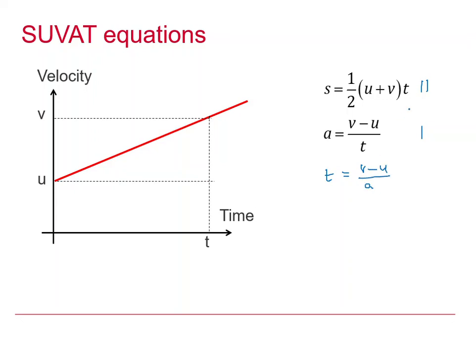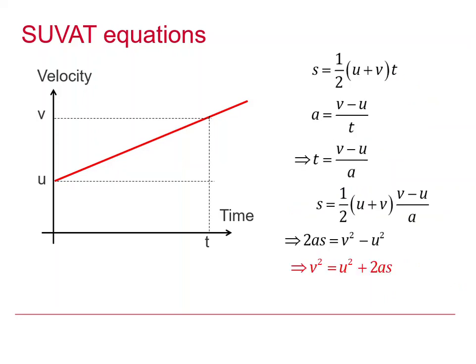Now if we substitute that for t in the first equation, then what we'll get is that s is equal to half times v plus u, or u plus v as I have it there, times v minus u over a. Now that is a bit of an algebraic mess, but it can be simplified first by multiplying by 2a on both sides, so we get 2as equals, and we lost the half and the a.